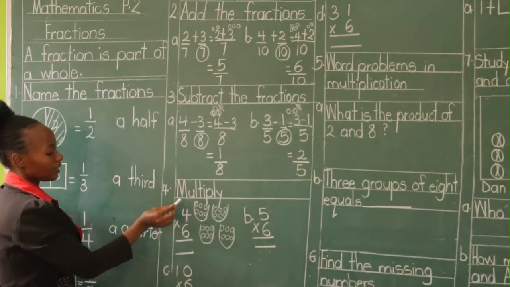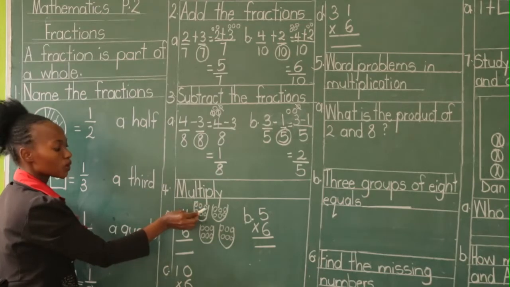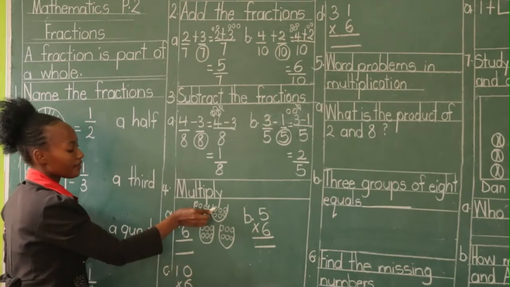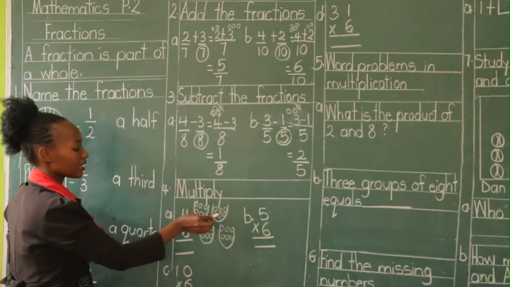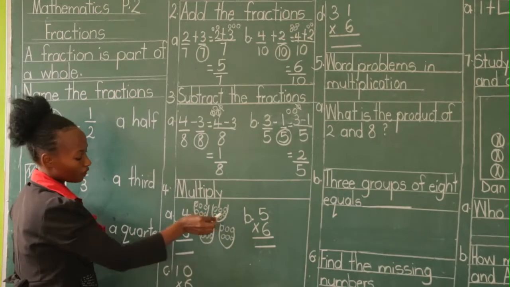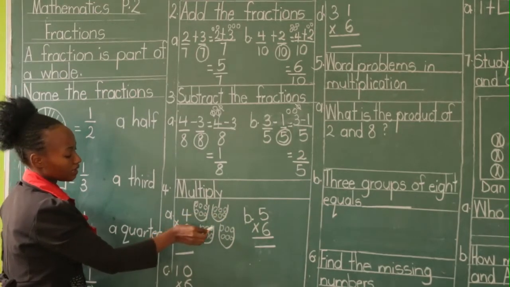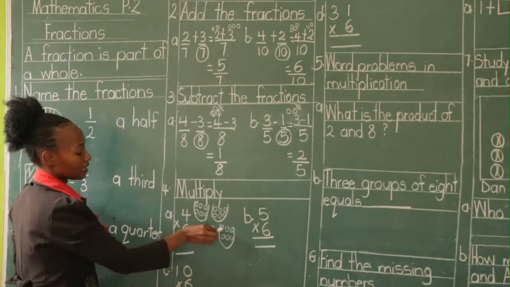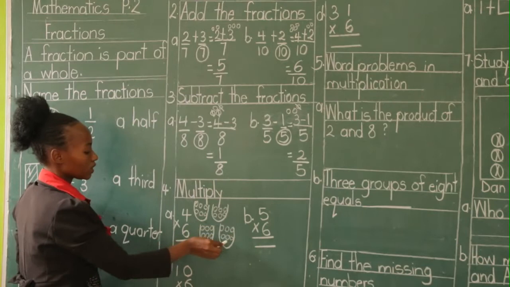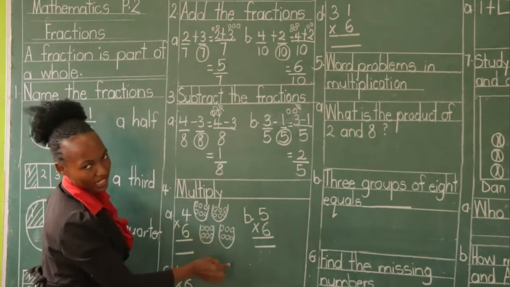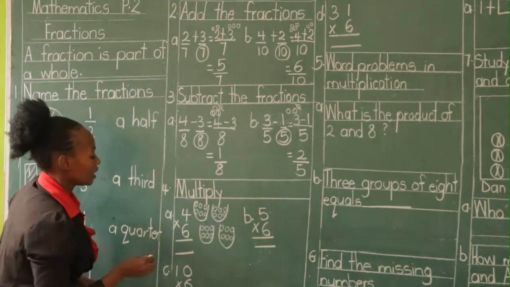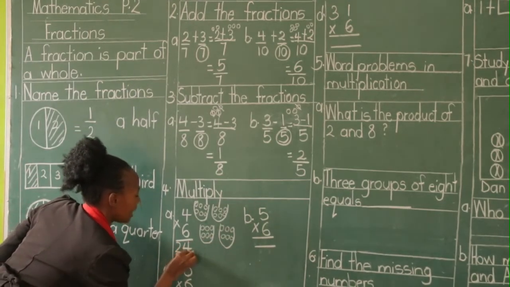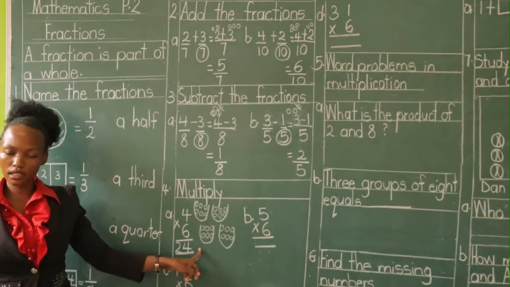Let's count them together. 1, 2, 3, up to 24. Our answer is going to be 24. 4 times 6, our answer is going to be 24.